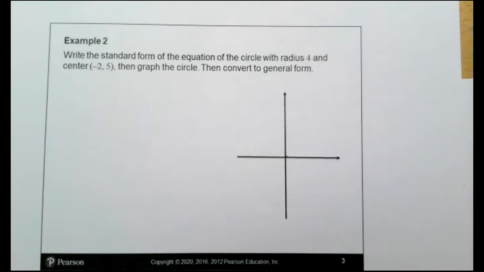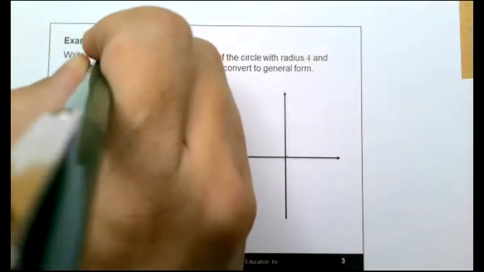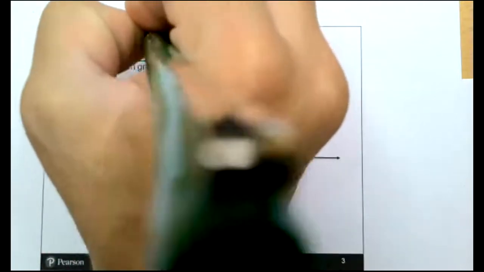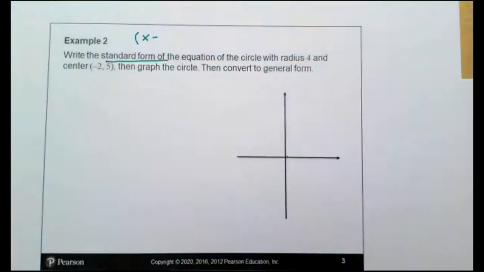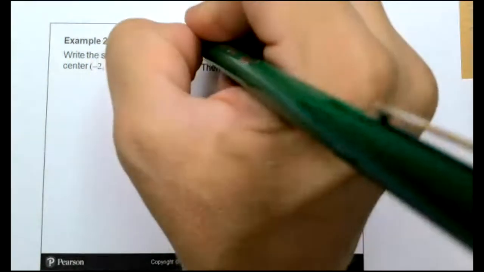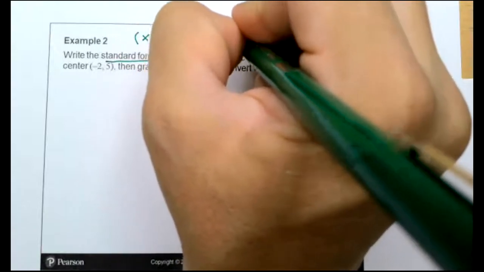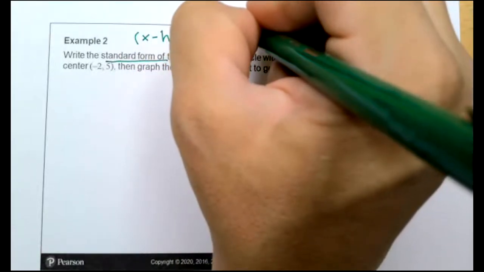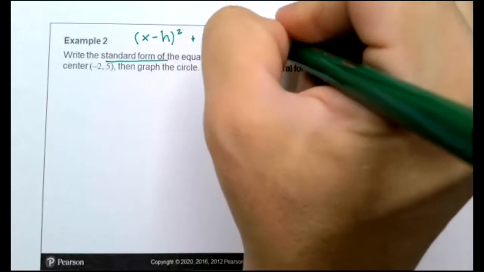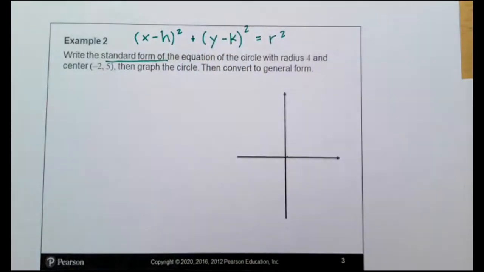All right, the standard form, so I'll just start by writing the standard form up here again. It's x and h, right? So we change the sign of h, put it with x, square it, change the sign of k, combine it with y, square it, set that all equal to the radius squared.